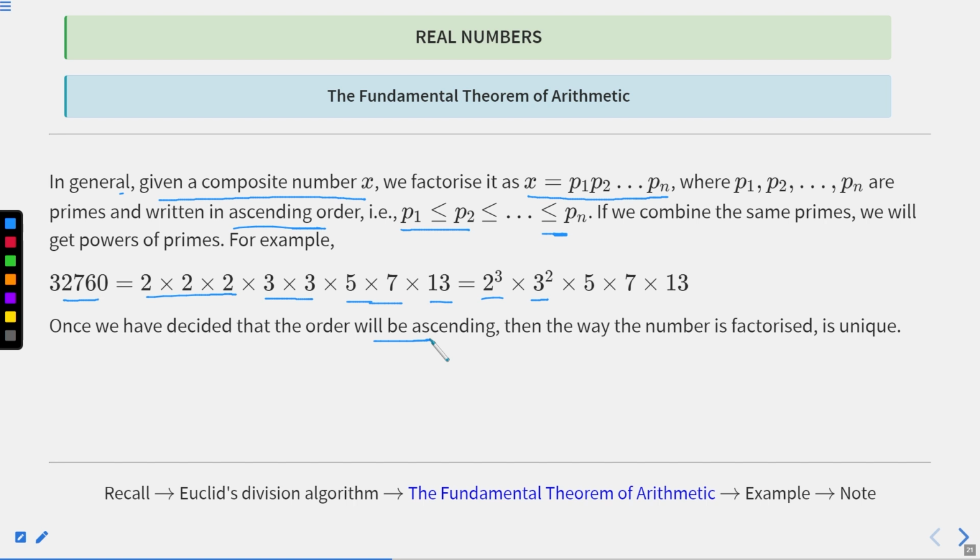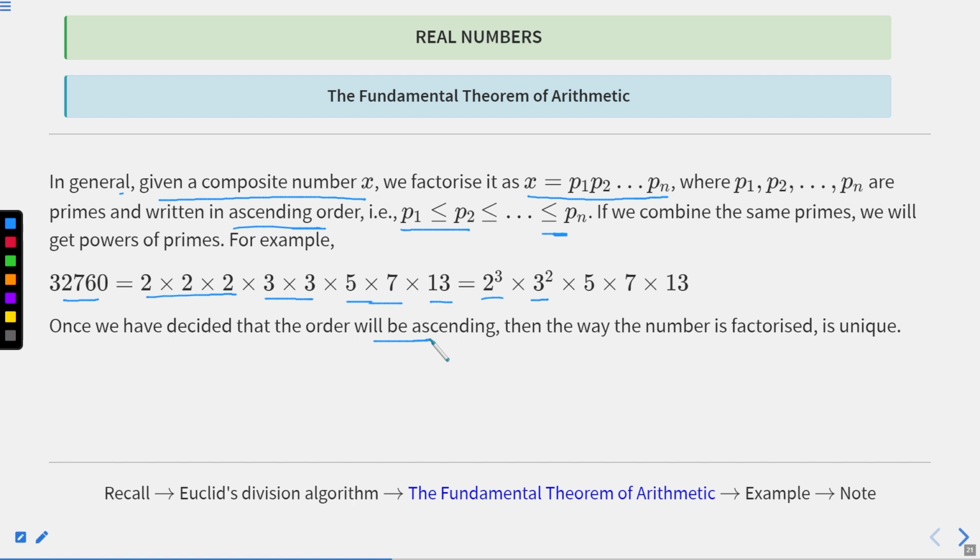So basically, in general, a given composite number x can be written as p1 into p2 into p3 into dot dot pn, where p1, p2, p3 up to pn are prime numbers written in ascending order, that is p1 less than or equal to p2 less than or equal to p3 less than or equal to p4 and so on up to pn.